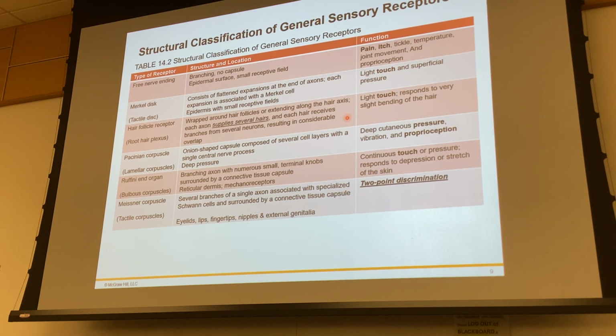The hair follicle receptors are associated with the superficial portion of the skin. Along with Merkel discs, those will be for light touch. And then finally, there are free nerve endings that have a number of different functions, but generally pain and itch are the most common descriptors.